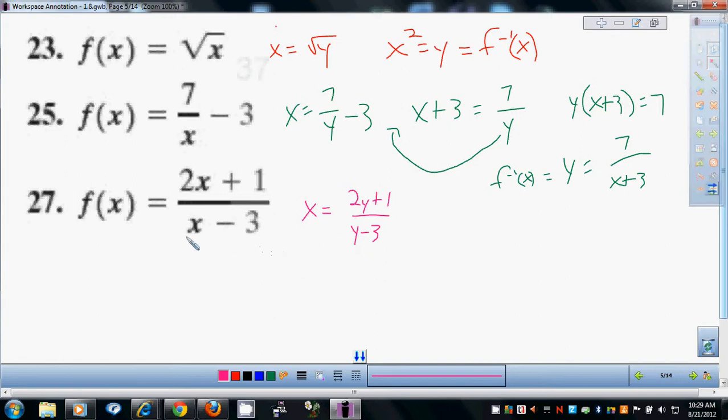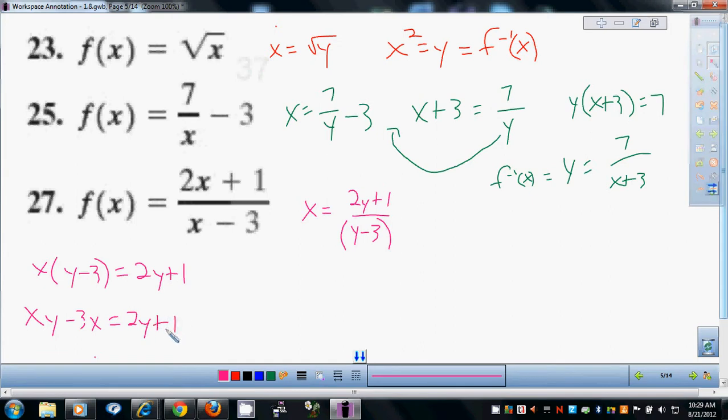So, our first step is to multiply the y minus 3 over to the other side. Now, unlike the last problem, you do want to distribute here. So that's going to be xy minus 3y equals 2y, oh, I'm sorry, 3x, yes, I apologize, plus 1.